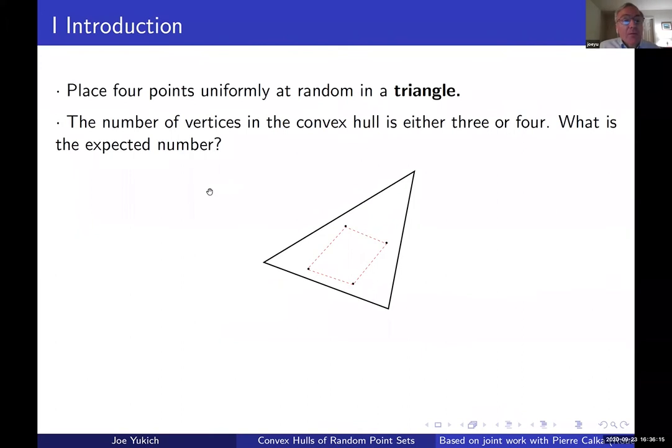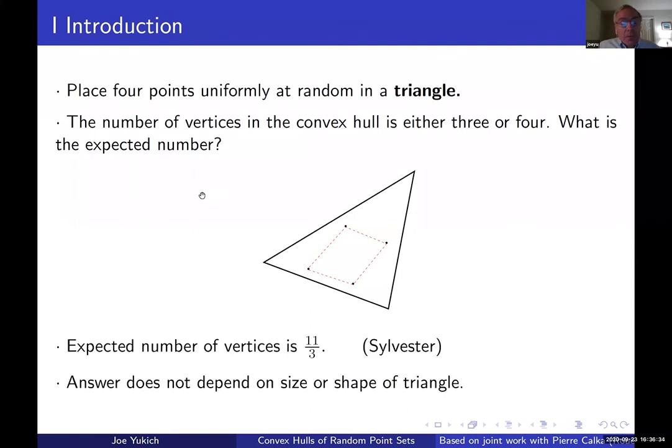Let's now put down 4 points uniformly at random in a triangle. So again, the number of vertices in the convex hull is either 3 or 4. And what is the expected number of vertices in the convex hull of a 4-point set? It was shown by Sylvester that the expected number of vertices in the convex hull of a 4-point set is 11/3.